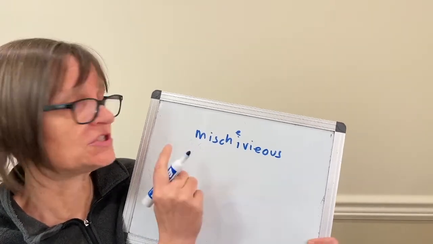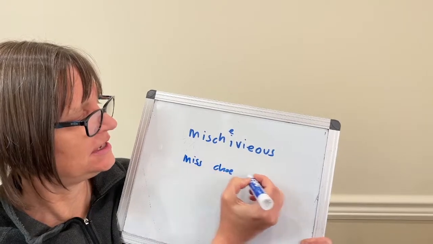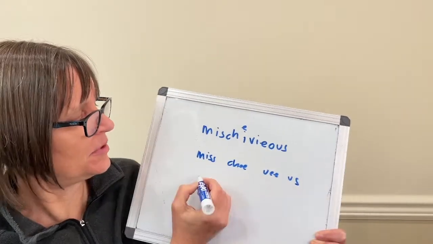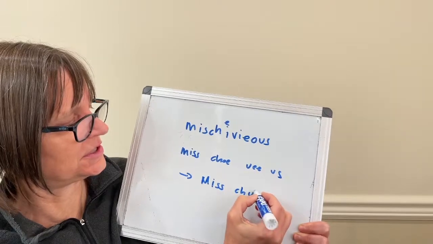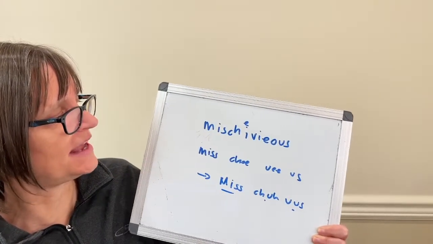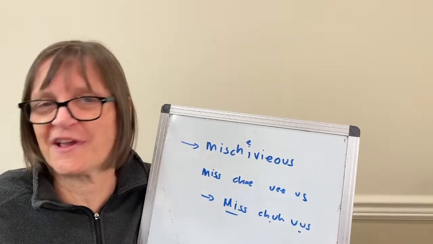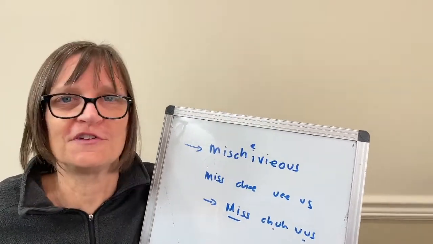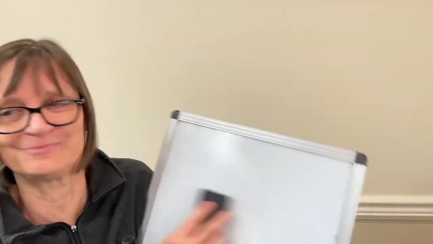We can say mischievous, so same thing, mischievous, but more commonly you'll hear mischievous behavior. I do have a video for this as well to help you break that down and learn the couple of different ways, correct ways to pronounce it. Yeah, good one. Thank you.